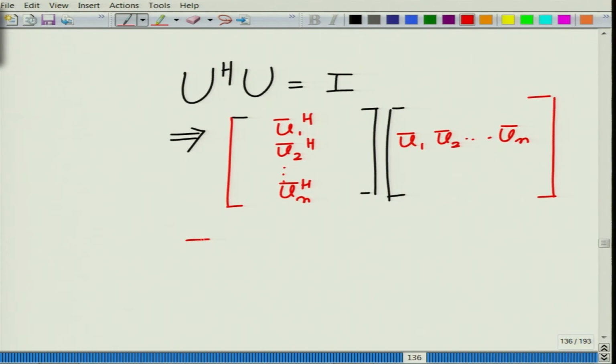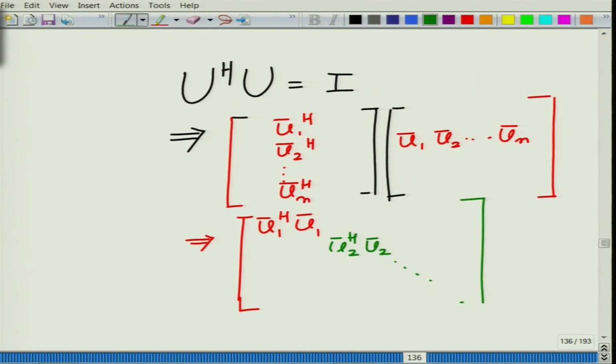If you look at the product, the diagonal entries will be u1 bar Hermitian u1 bar, u2 bar Hermitian u2 bar, and so on, and the off diagonal elements will be u1 bar Hermitian u2 bar, u2 bar Hermitian u1 bar, and so on.